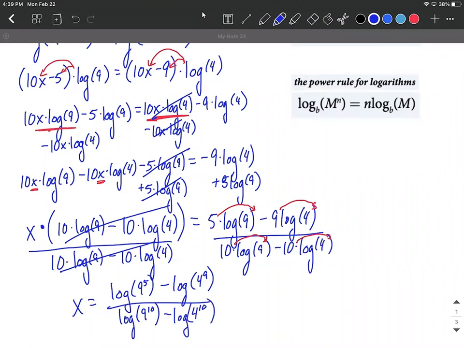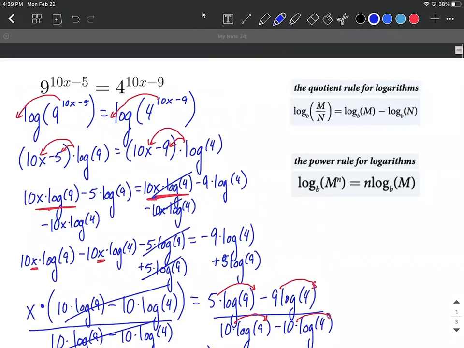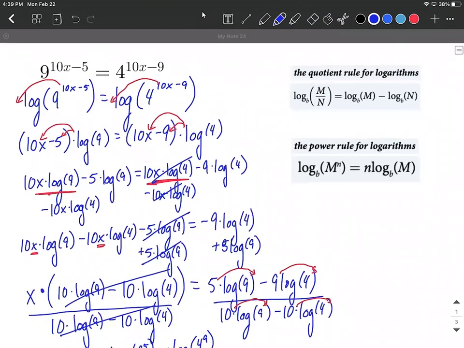All right, there's one more step we can do to clean this up a little bit more. You may notice that we have 2 logs subtracted in the numerator and 2 logs subtracted in the denominator. There's this other rule for logarithms called the quotient rule that basically says if you have a subtraction in between 2 separate logs and they have the exact same base on each log, you can combine these together into a single fraction inside of a logarithm.